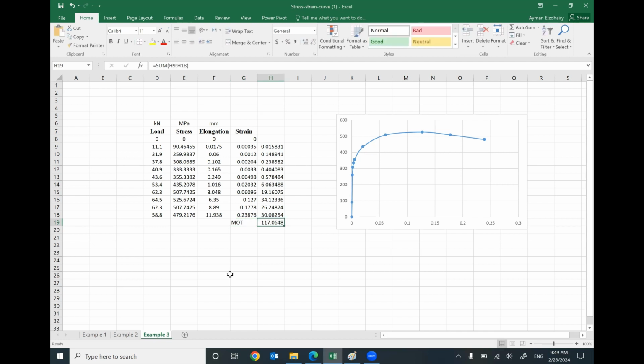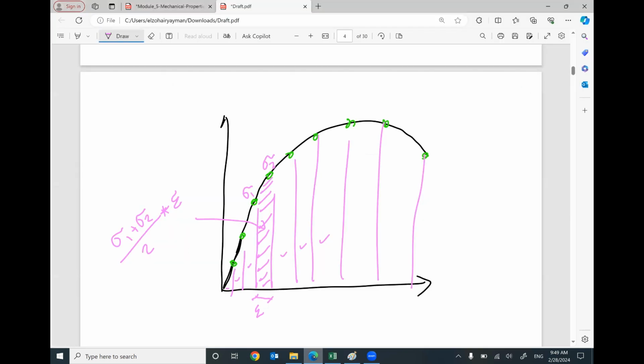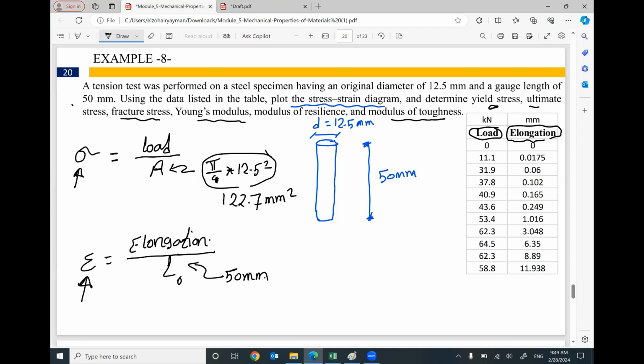So the modulus of toughness will be 117.1 megapascal. Does that make sense? This is how to figure out the different properties of a material from a stress-strain curve without a clear indication of the yielding stress.